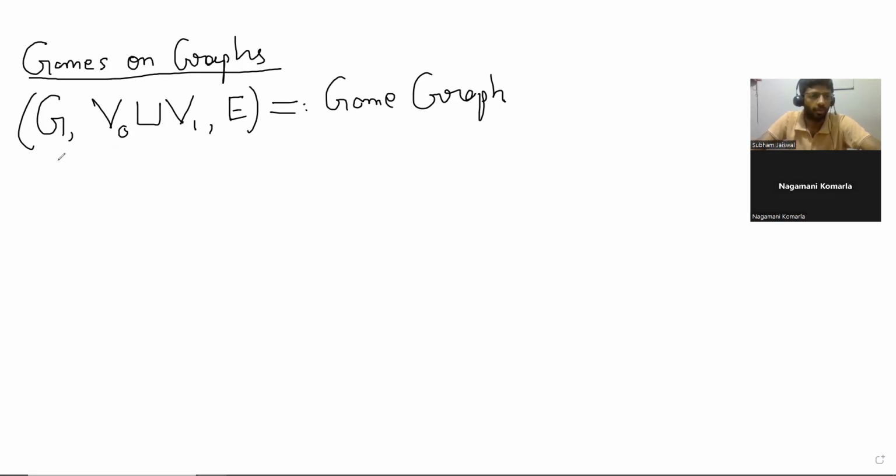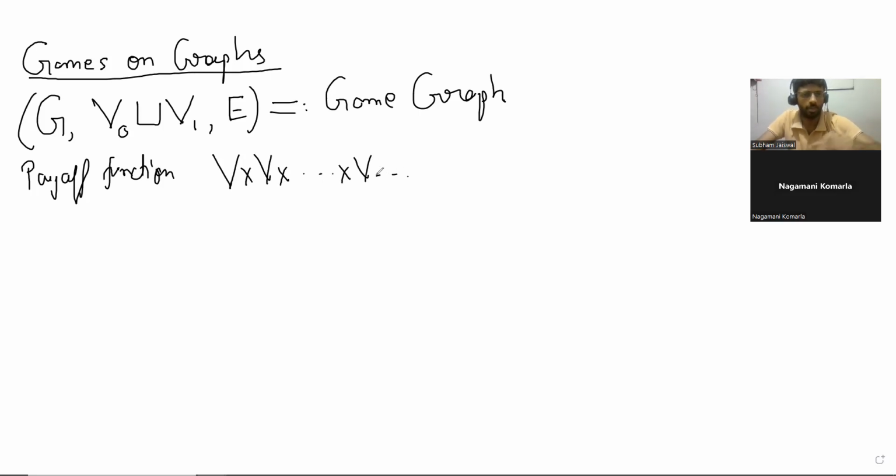For that we had a payoff function, and since we were talking about qualitative, Boolean games, the payoff function, pi, was a function from every run of the game, so this is an infinite product, to {0, 1}.